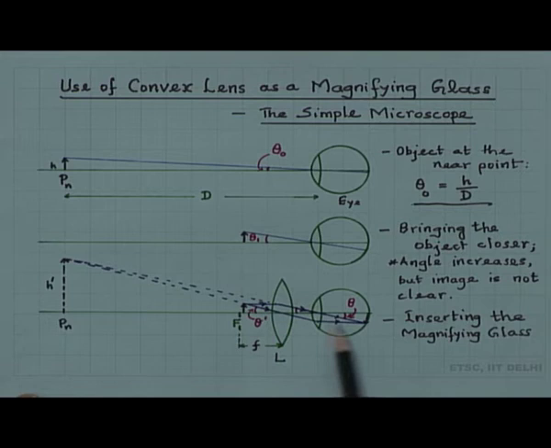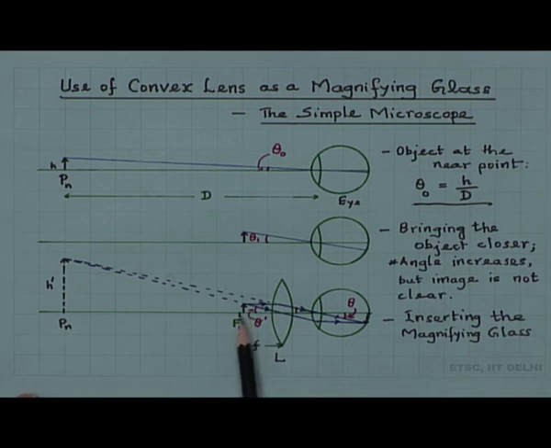Now, note that this subtends an angle theta at the eye. There is an angle theta subtended, which is the same on both sides here, theta at the eye, and the image also subtends an angle theta dash. But both theta and theta dash are nearly equal, because we can see that the rays are almost parallel.